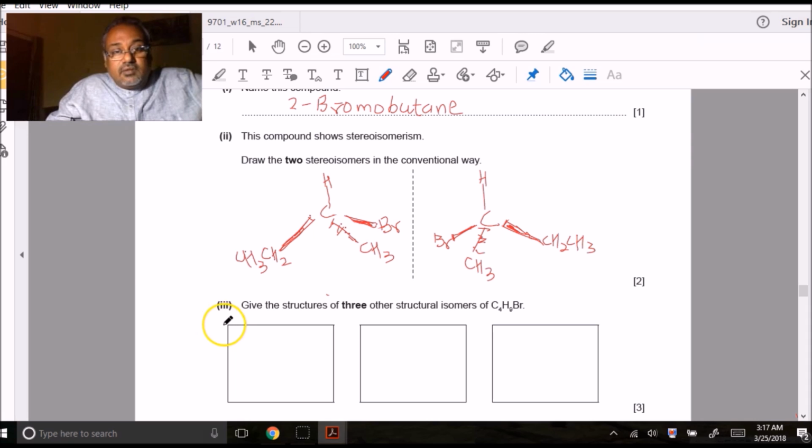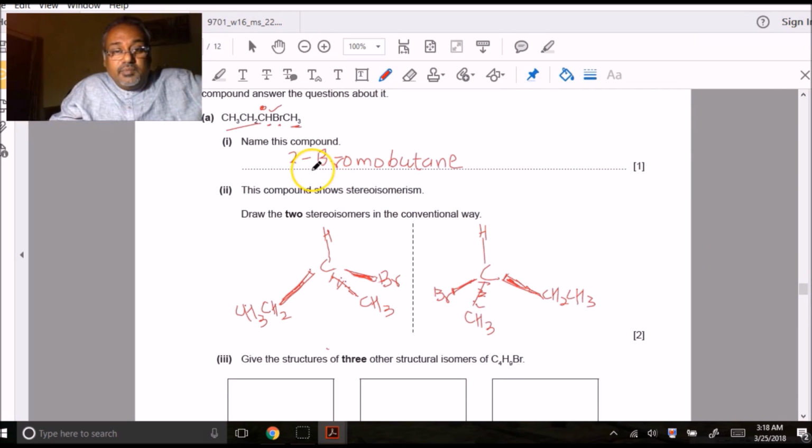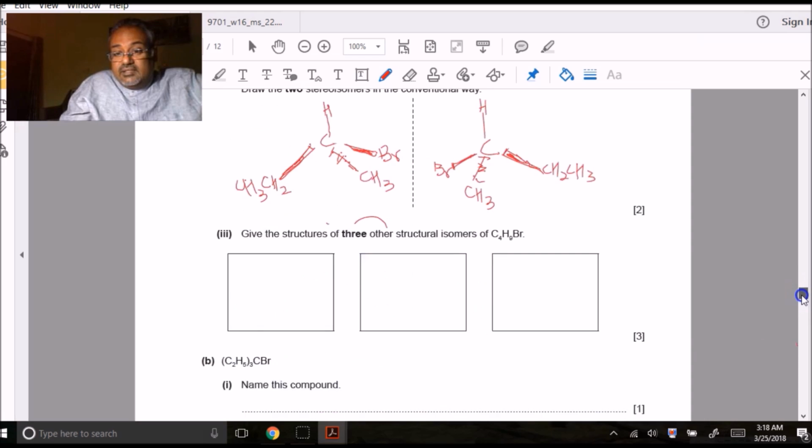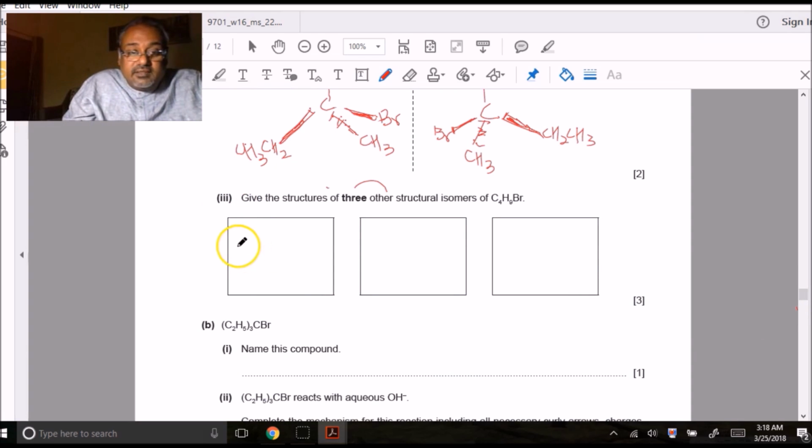Alright, my next question asks us to make 3 different structural isomers of C4H9Br. Keep in mind that we already have one of them on the top, which is 2-bromobutane. So we need to draw 3 other structural isomers. I can think of making 1-bromobutane.